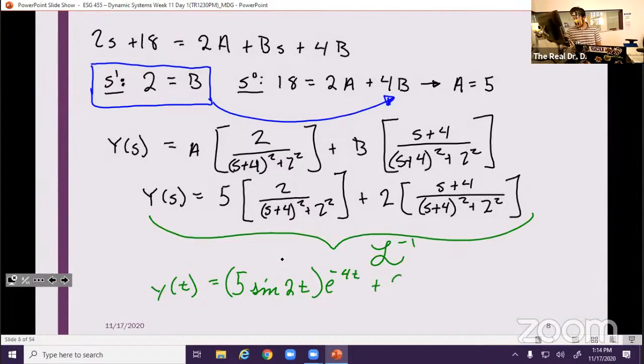And the inverse Laplace transform of the second portion is 2 cosine 2t e to the negative 4t. And there it is.